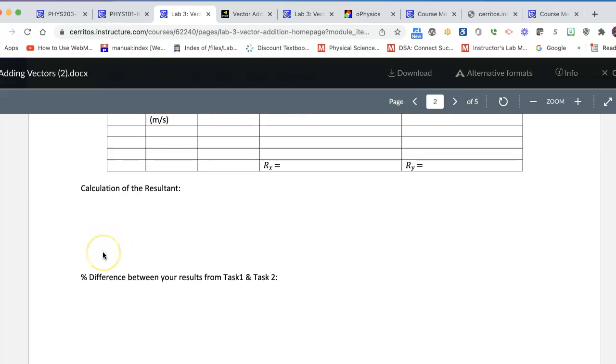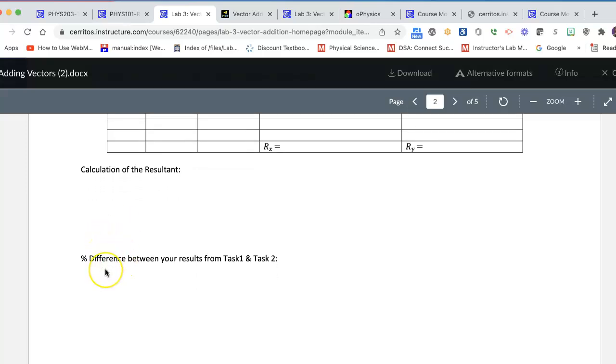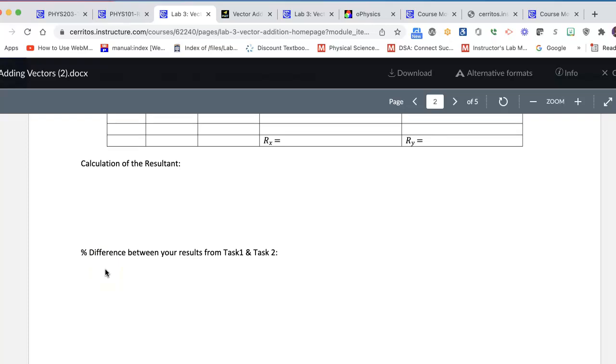Also, you need to find the angle, I mean the direction. Now, this one here is the percent difference between your results from task 1 and task 2. Then you need to compare, find the percent difference between the two values.